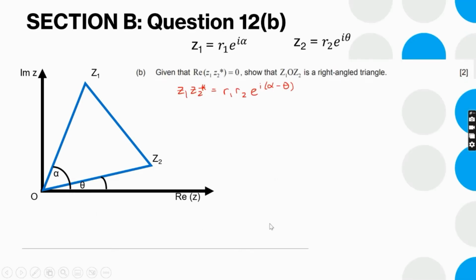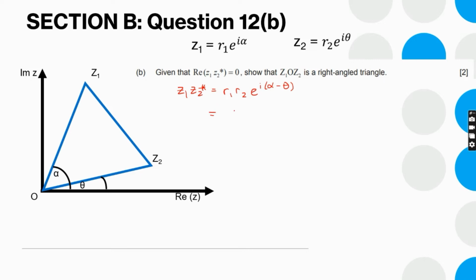In this next part of the question, you're supposed to show that the real portion of z1 multiplied by the conjugate of z2 is equal to 0, and that it is a right angle triangle. A lot of times our IB questions are linked, so we have to use the answer to the previous part to answer this part of the question. So z1 multiplied by z2 conjugate is r1 r2 e to the i (alpha minus theta).